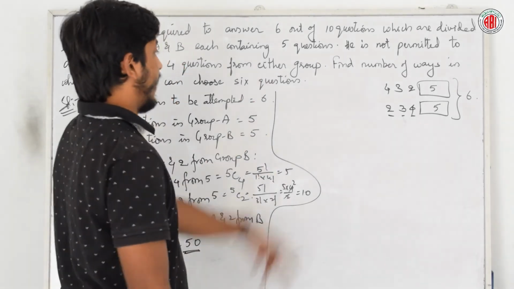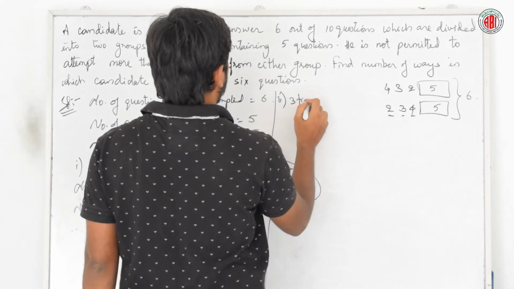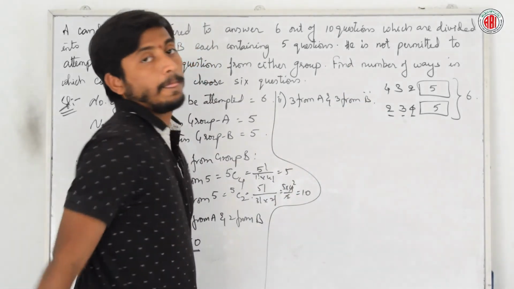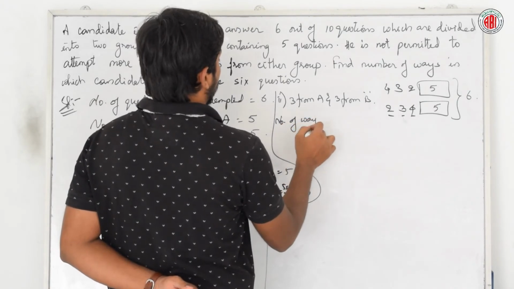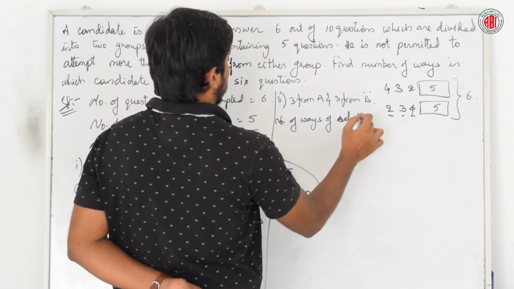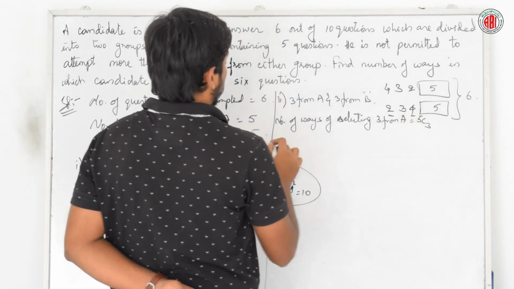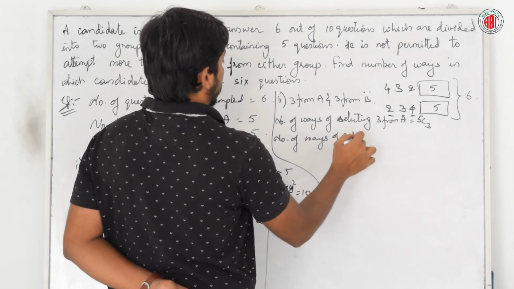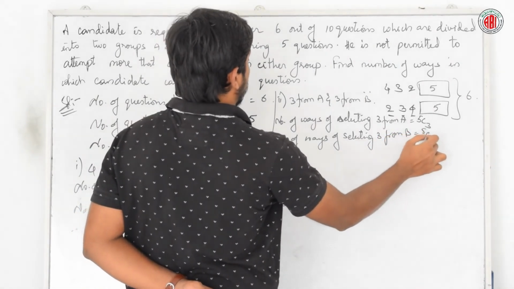Is it right? Second case, 3 in A, 3 in B. 3 from A and 3 from B. Okay, so the number of ways of selecting 3 from A is 5C3. Next, the number of ways of selecting 3 from B, again 5C3.